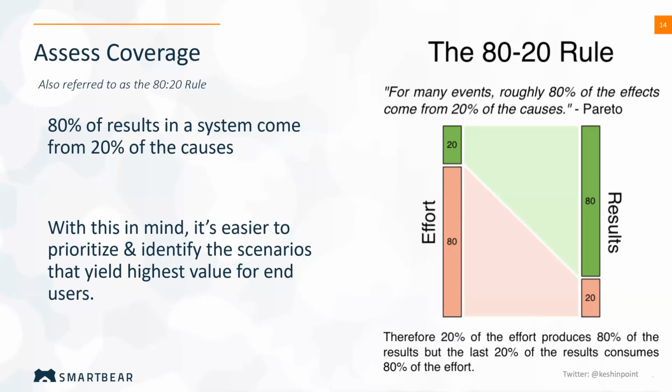Because if you can manage 20%, which is not as much effort as trying to cover 100%, that's able to produce 80% of the results. So you definitely want to take some time to understand where to put the effort to identify the 20% of the key critical areas that need to be part of your automated suite.